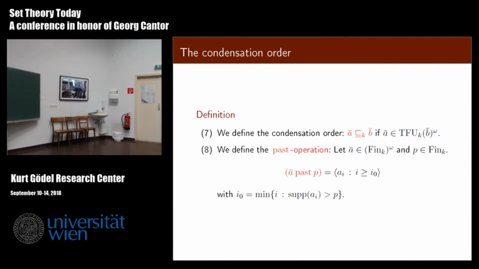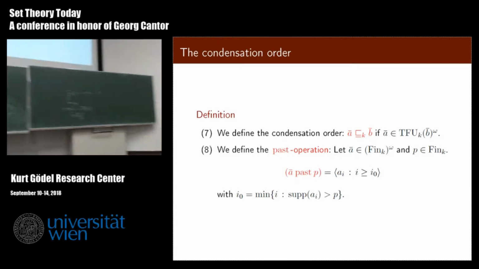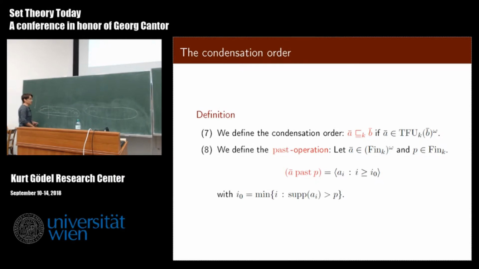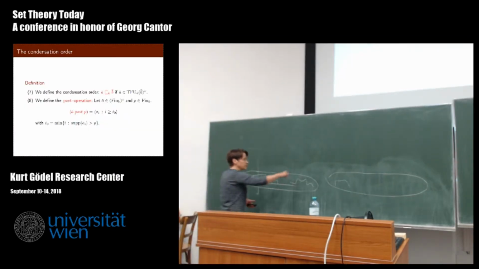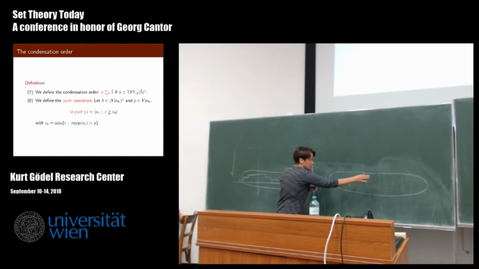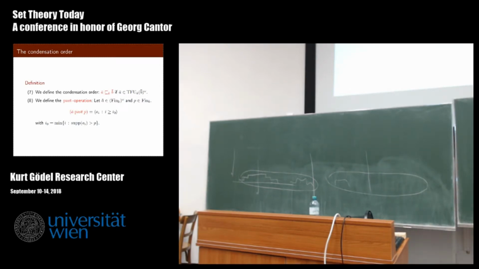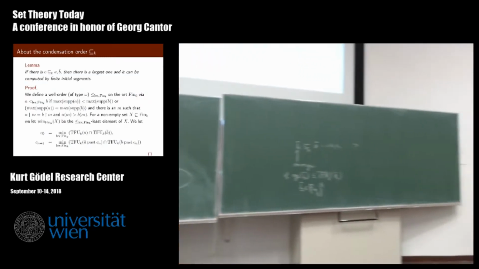So here I would say, if I try to do some diagonal construction, to get some very good object, well, first let's freeze this, and this is the tail. Then in the next step, let's freeze this, and this is the tail, and so on. So this is this past operation.